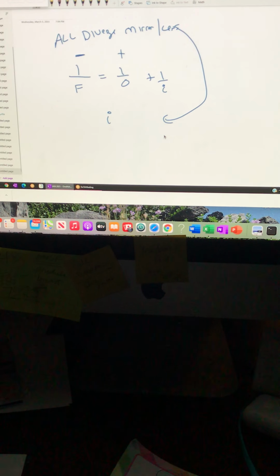Well, if 1 over F is negative, 1 over O is positive, 1 over I has to be negative. And we know if I is negative, M is positive.